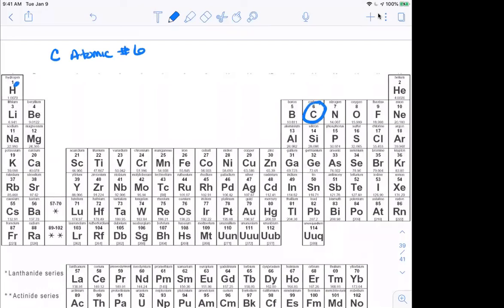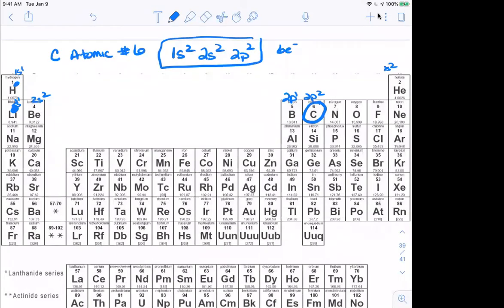I go 1s1, then 1s2. I'm filled. Then I drop to row 2. I have 2s1, 2s2. I'm filled. And then I have 2p1, 2p2, right? And that has a total of 6 electrons. So this is the electron configuration for carbon.